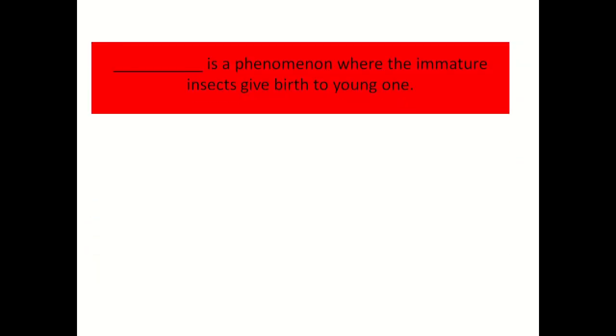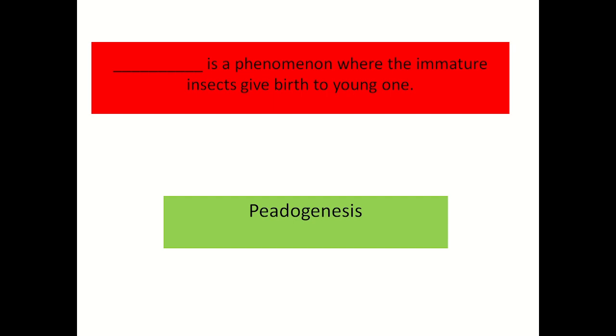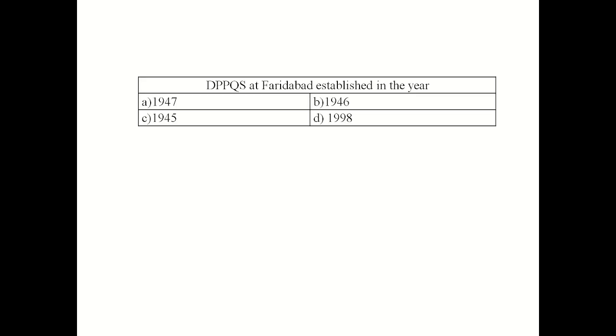What is the phenomenon where the immature insect gives birth to young ones? Pedogenesis. DPPQS, Directorate of Plant Protection, Quarantine and Storage, at Faridabad, was established in the year 1946.